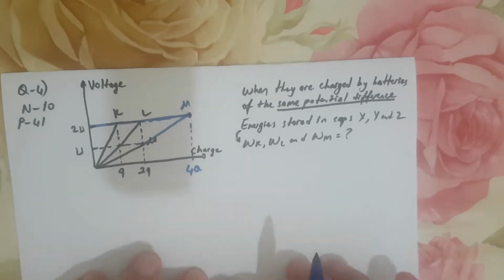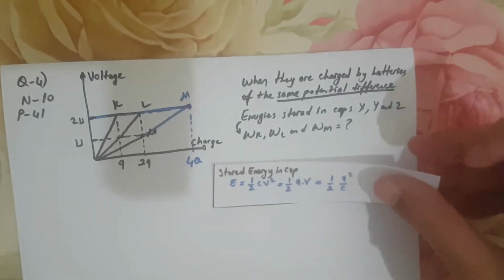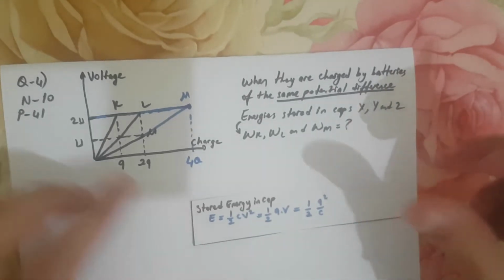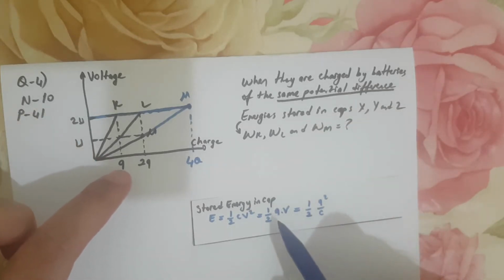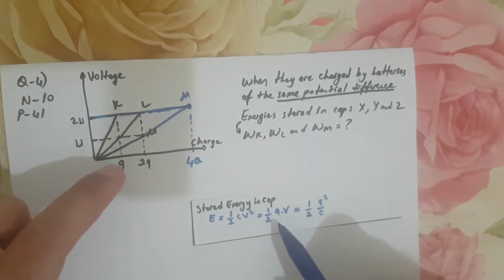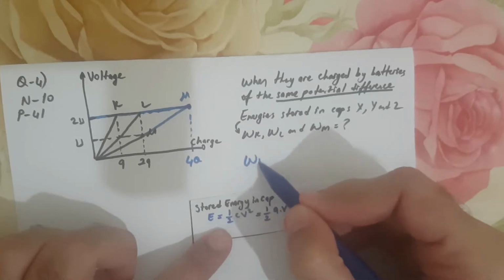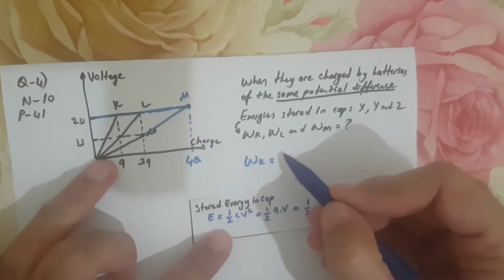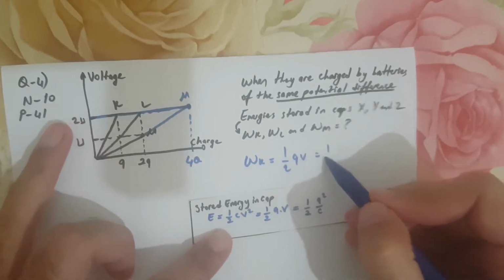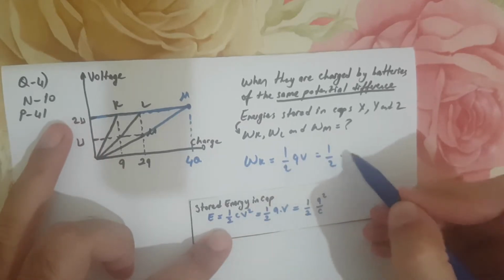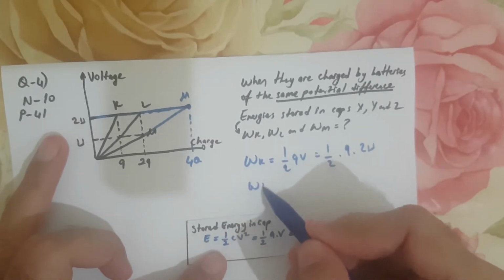So what is the formula for energy? This one. So we know V and Q. Which one is good for you? So this one is good. So the energy is equal to half times Q times V. For VK, half times Q times 2U. What about VL?